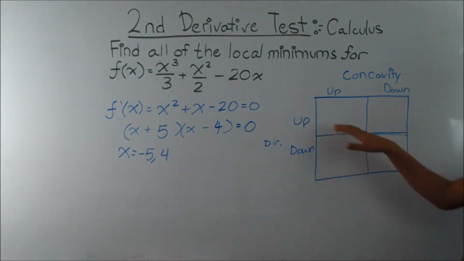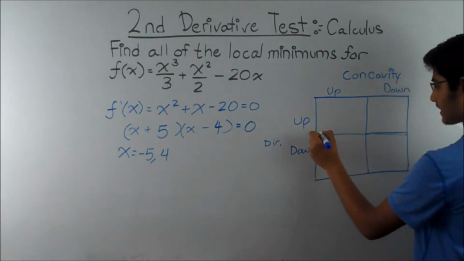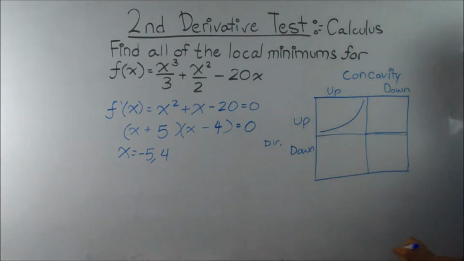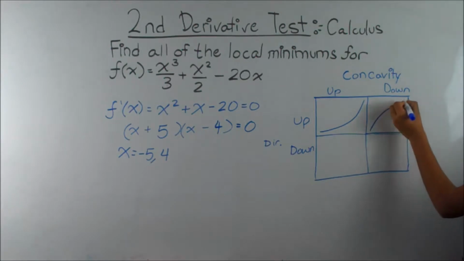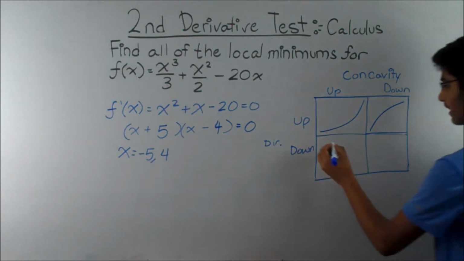So if we have concave up and it's increasing, that means that it's like this. If we had concave down and it's increasing still, then it's like this. If we had concave up but it's down, then it goes like this.